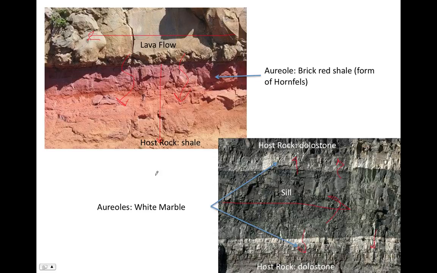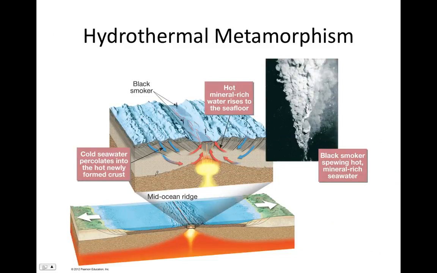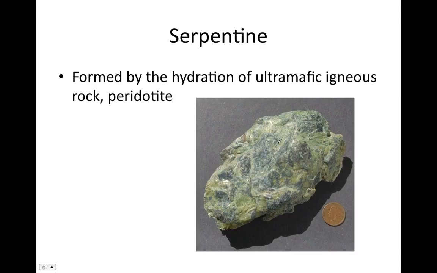Now, hydrothermal metamorphism occurs whenever you have chemically active fluids. So this occurs at divergent plate boundaries, pretty much anytime you have molten rock near the surface. So it can occur anywhere you have some volcanism. And so serpentinite is a very common hydrothermally metamorphosed rock.